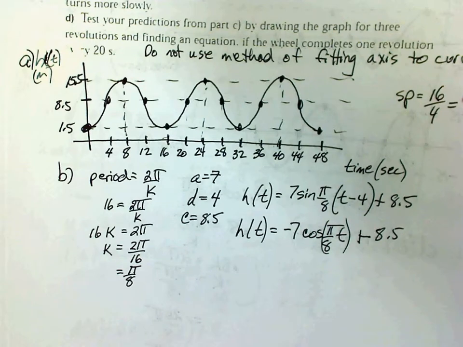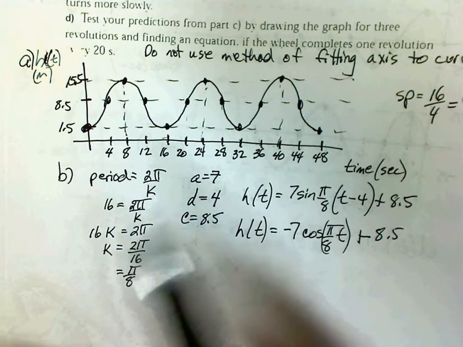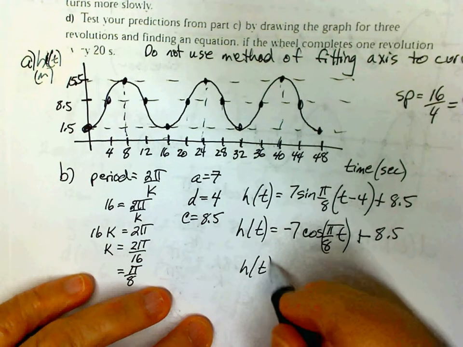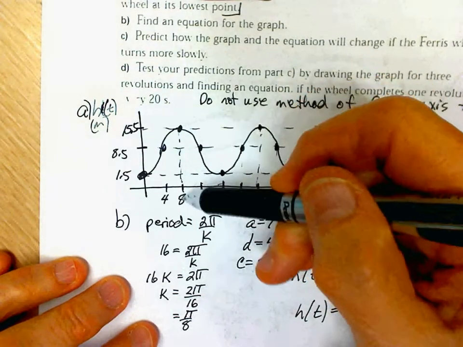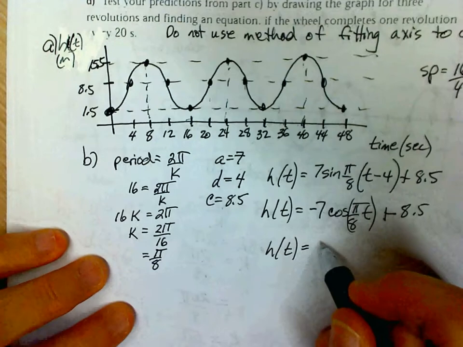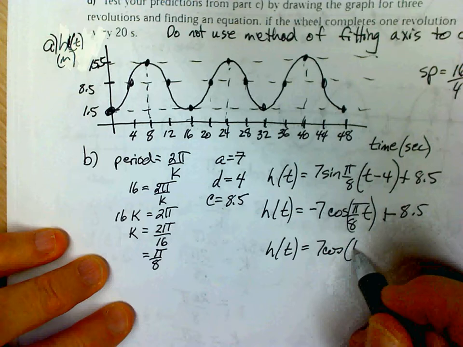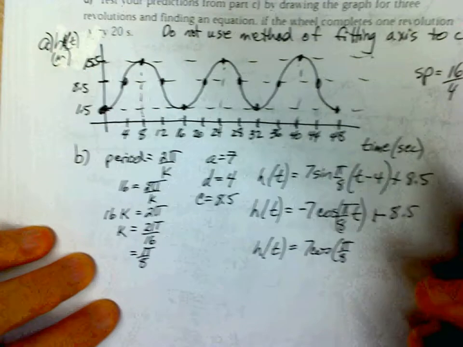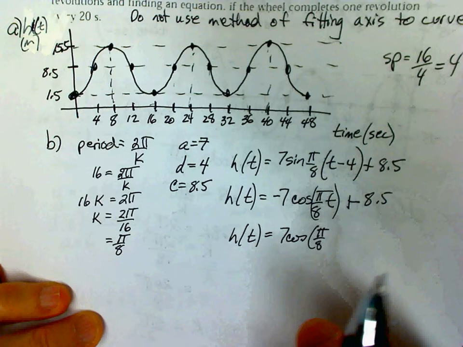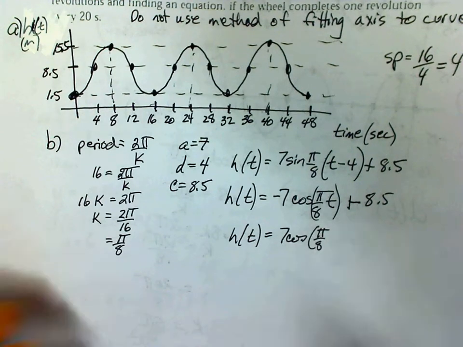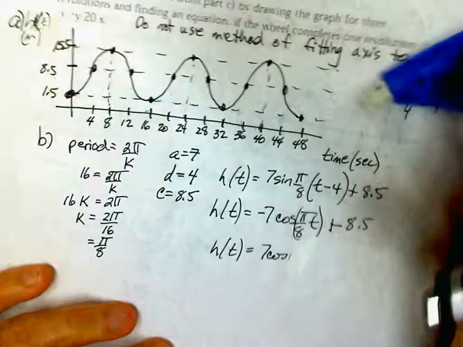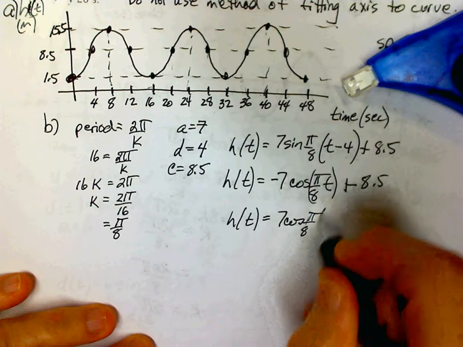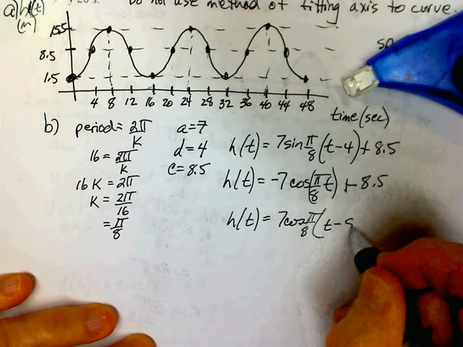I could write another cosine function. For example, if I said the phase shift was 8, then this would be positive cos. You could write an infinite number of equations for this.